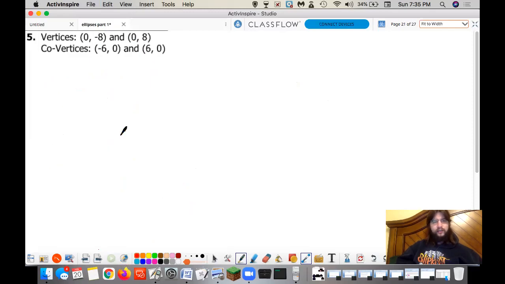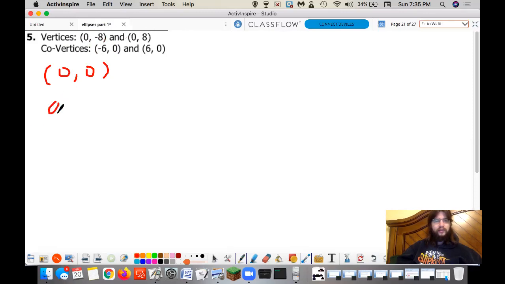All right, so here, again, it looks like 0, 0 is my center. We use the midpoint formula, but if that's a 0 and that's a 0, 0 plus 0 is 0, divided by 2 is 0. Those are opposite, so 0. Okay, center 0, 0. Again, it looks like my vertices go from 0 to 8.